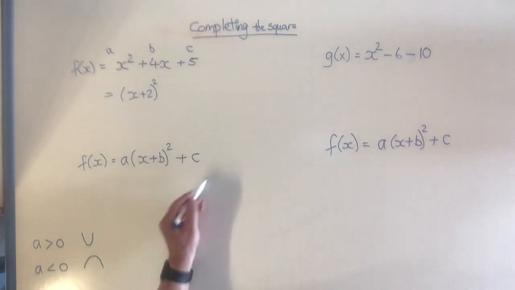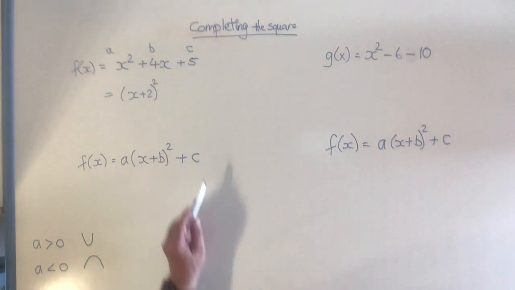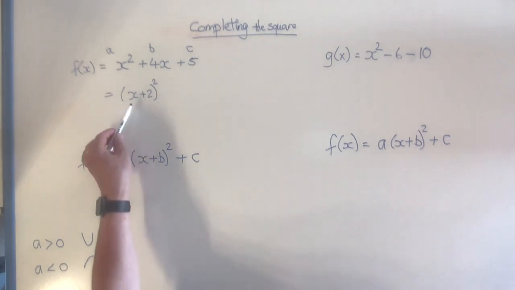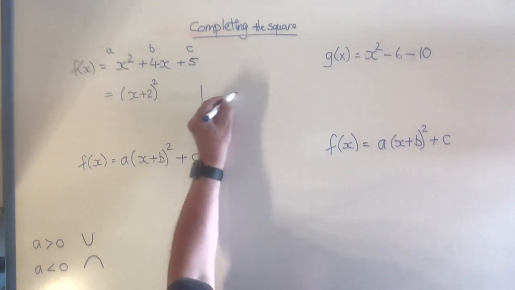Now, how do we get a c at the end here? Well, it's not the case that it's just 5. As I told you, these things are different. So how do we know what value that should be? Well, what we do is we take this and we multiply it out using the grid method.